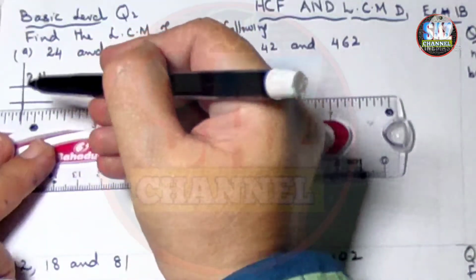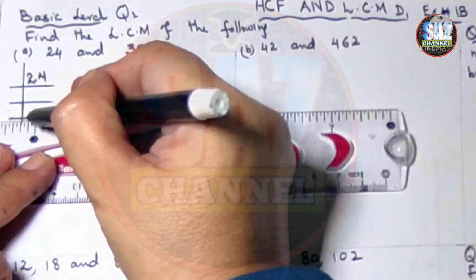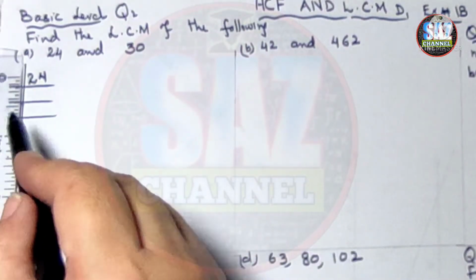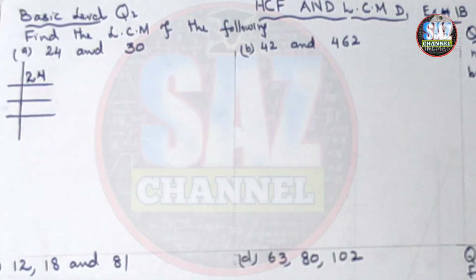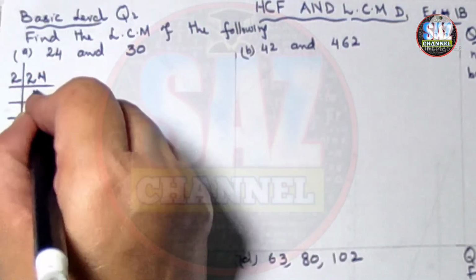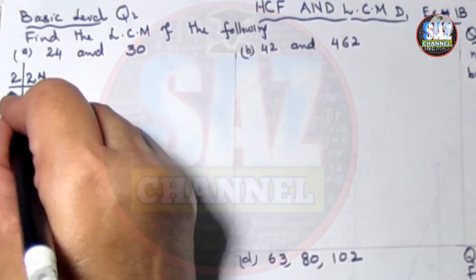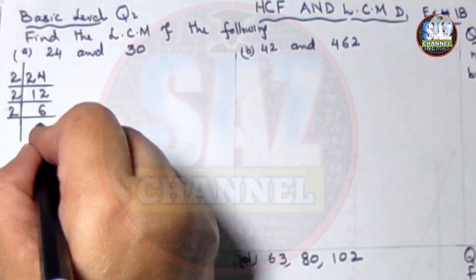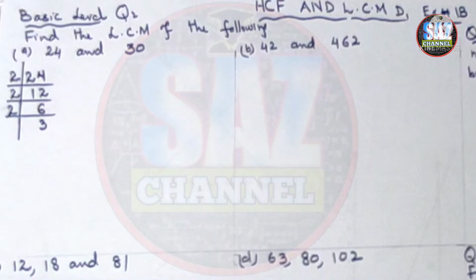Recall, students, which one will be the smallest prime factor which is suitable for 24? As the unit digit is 4, it's even, it's a multiple of 2, so we can easily go with 2. 2 ones are 2, 2 twos are 4. Again, we can go for 2 sixes are 12 and 2 threes are 6, and 3 ones are 3.